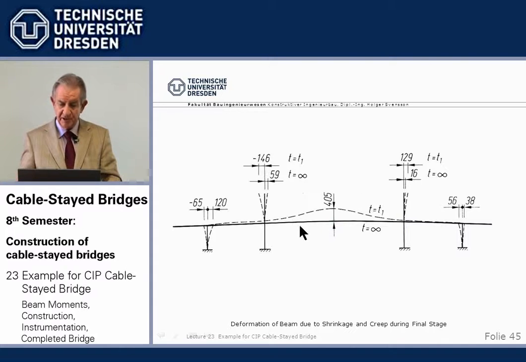So what we did was we built the beam by these 405 millimeters too high, and we built the tower here 146 millimeters, or we pulled it back.